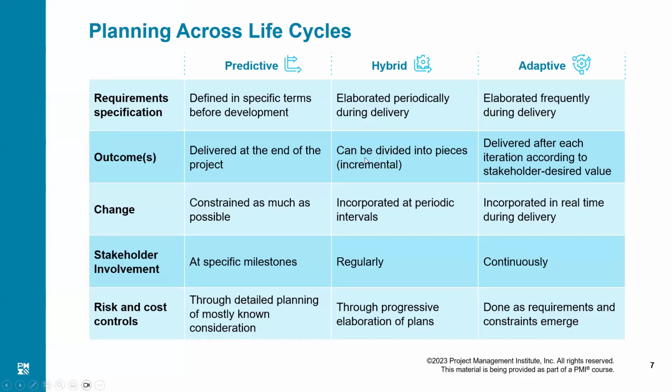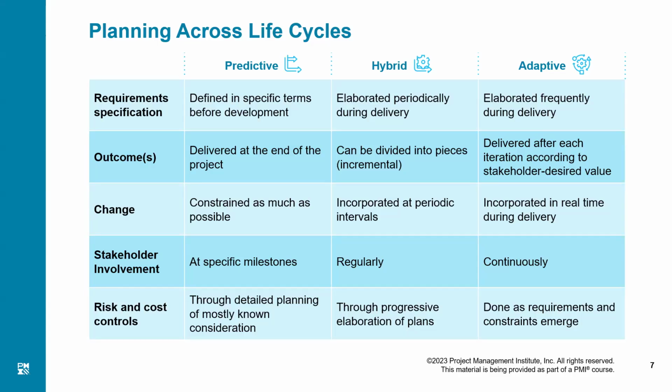This is how we can differentiate between the three kinds of approaches, the methodologies: the predictive, hybrid, and adaptive. Adaptive is agile. So you see, requirement specification in predictive projects is defined in specific terms before the development, meaning we complete all the planning, freeze the plan, create the baselines, and then move ahead with our execution.